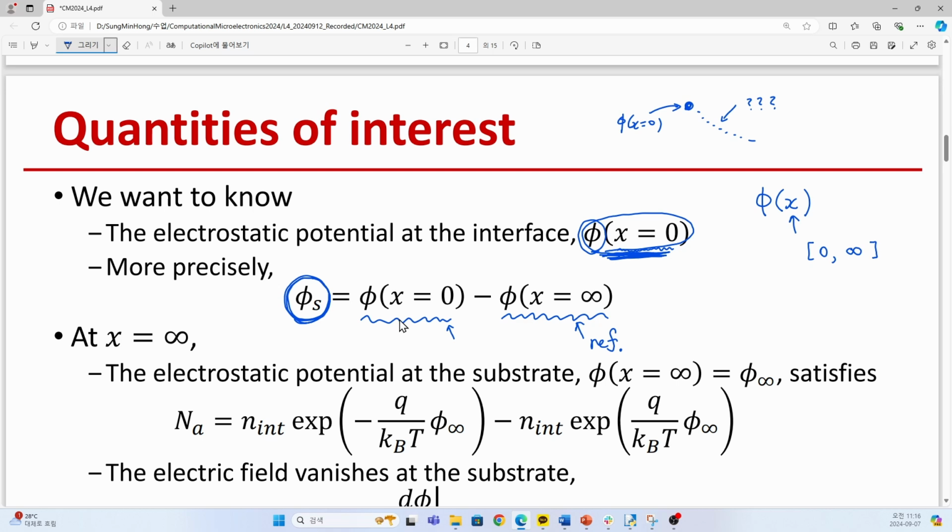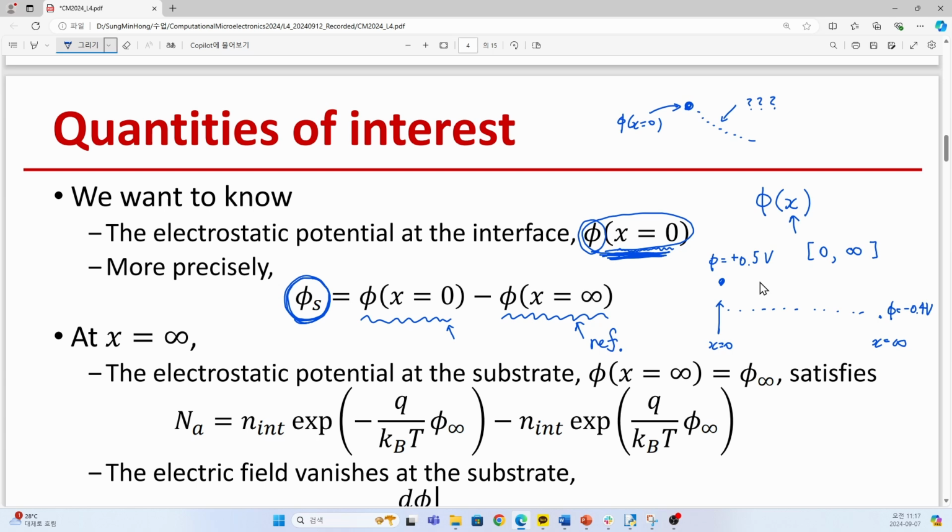Okay, so for example, let me just give you a certain example. Let's say that at x equal to 0, assume that phi equal to positive 0.3 volt. And let's assume that when we go to the deep substrate, phi happens to be minus 0.4 volt, for example. Then in this case, what is the surface potential in this notation, instead of this 0.3 measured at the surface point?